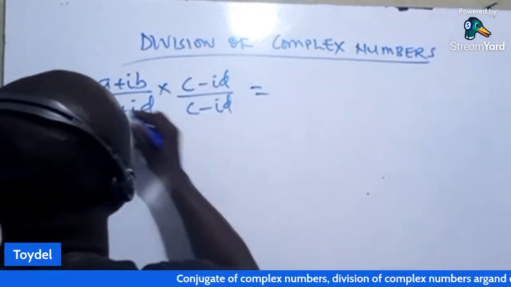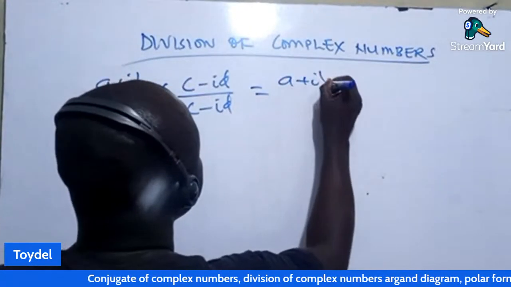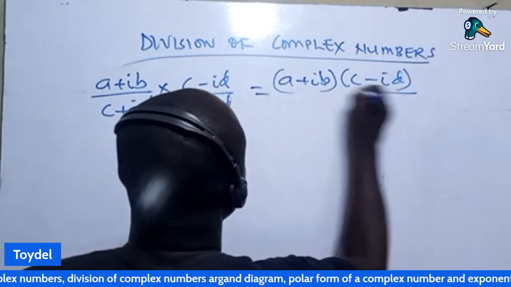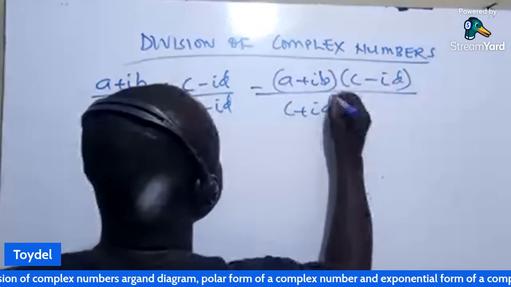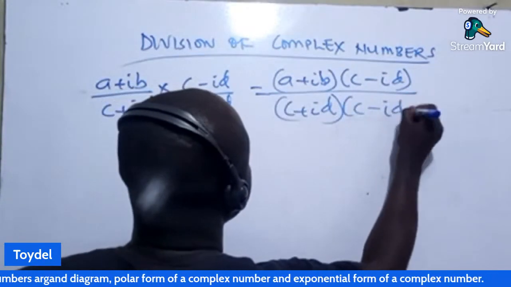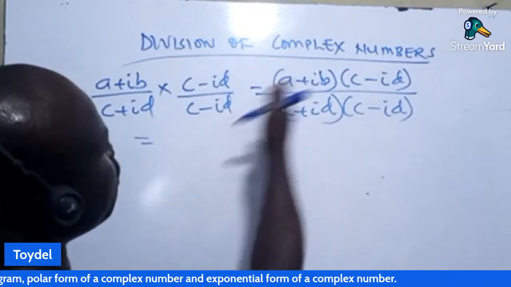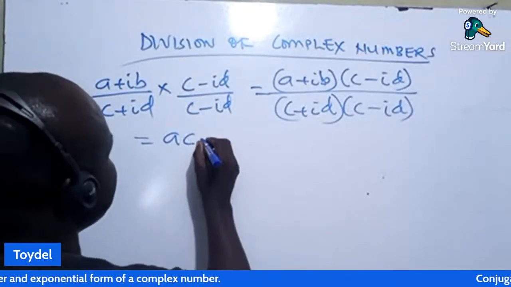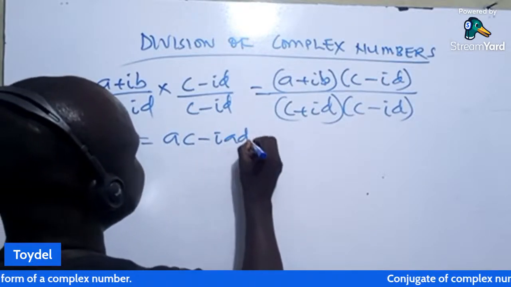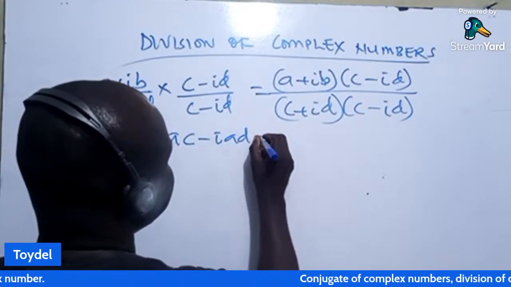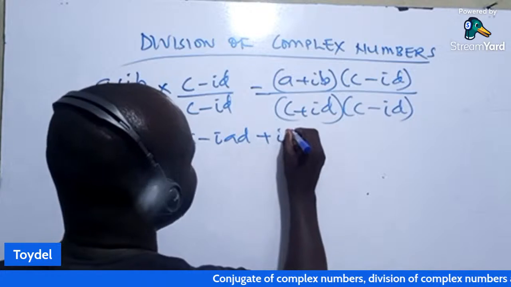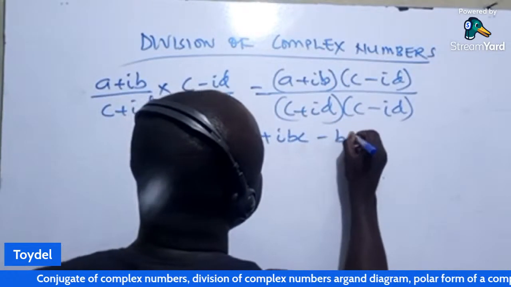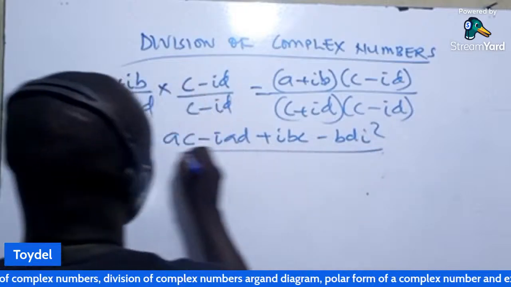Then you now open up. We are going to have a plus ib multiplied by c minus id, all over c plus id multiplied by c minus id. So in this case now, if we open up the numerator, we are going to have ac minus iad plus ibc minus bd i squared, all over.